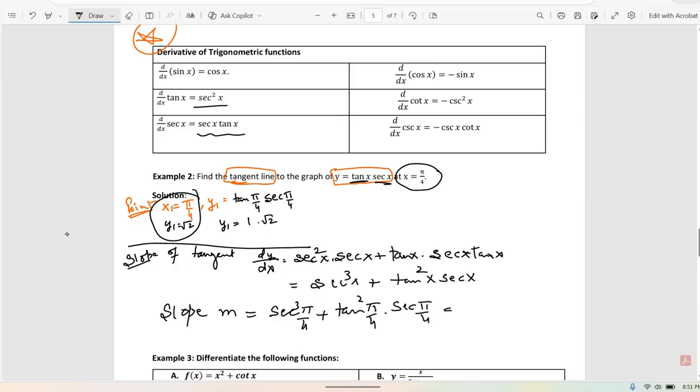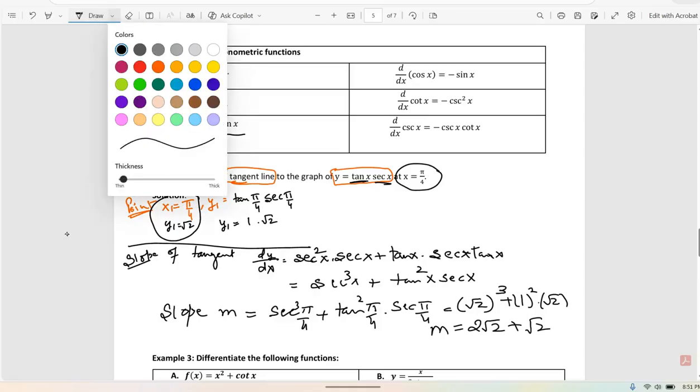Secant cube pi by 4 is root 2 cubed plus tangent is 1, so 1 squared, times secant pi by 4 is root 2. Root 2 cubed is 2 root 2, plus root 2. Okay, that is my slope.